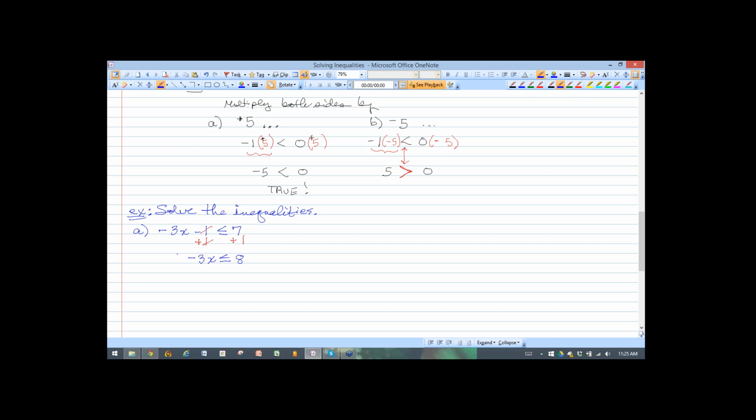Now at this point, I have to divide off what's attached to x. So what do I have to divide? I have to divide by a negative 3 on the left and the right. Because of this, it makes a swap of direction here.